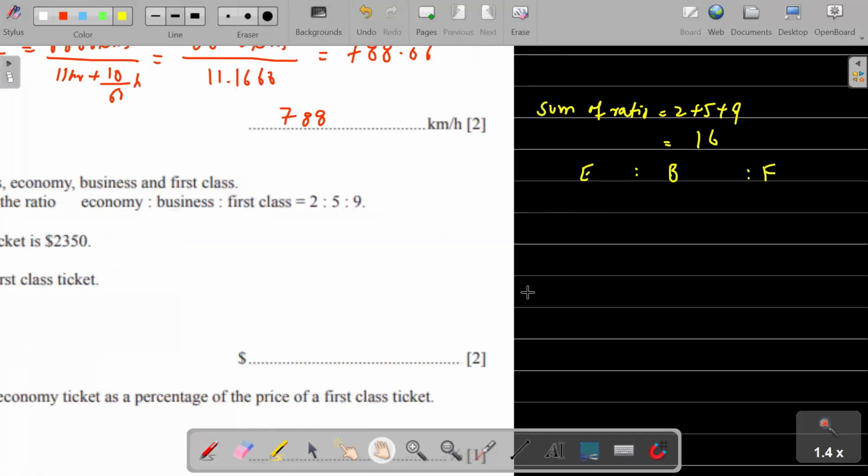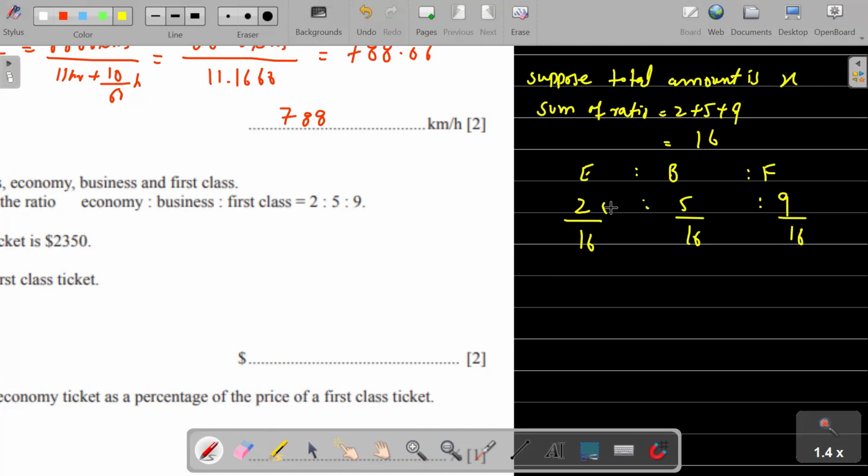We know the 3 steps. First step was the sum of the ratio, and the second step is to divide the ratio over the sum of the ratio, then multiply it with the total. We don't have any total amount, so we are going to suppose the total amount is x, and multiply with x.